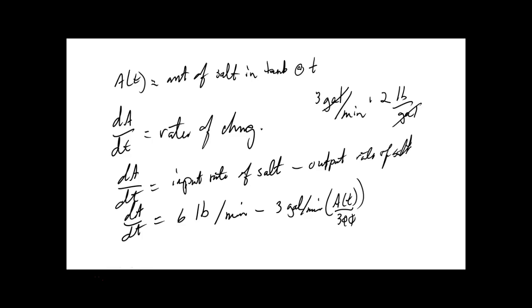This is the pounds of salt out of the 300 gallons that's in the tank, so this is going to be pounds per gallon. Everything works out okay then. The gallons will cancel out, and you wind up with pounds per minute. And there's your differential equation.